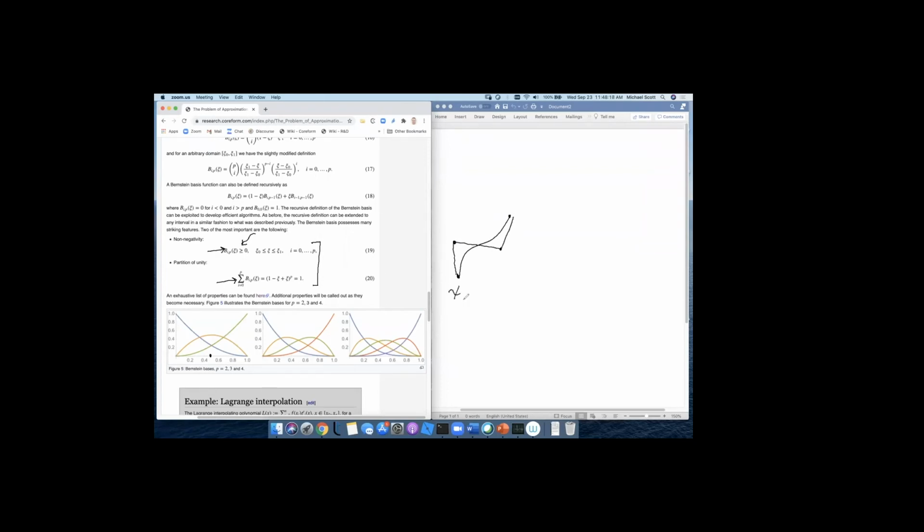So this is x1, x2, x3, x4, and let's call this a curve, C of xi. So a Bezier curve, C of xi, is nothing more than a linear combination of the xi times the Bernstein polynomials.